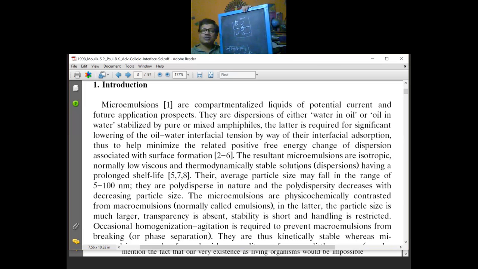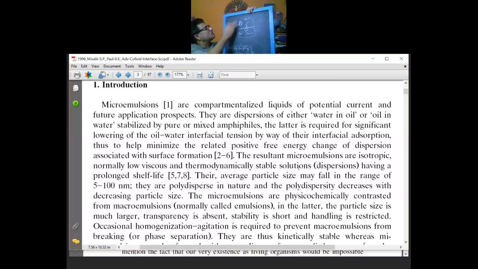Now, what would be the phenomena? When I was considering water instead of oil, the air-water interfacial tension or surface tension of water would have been reduced.